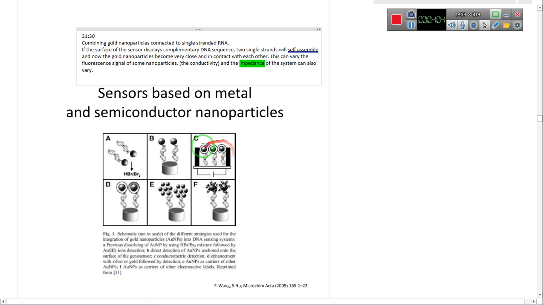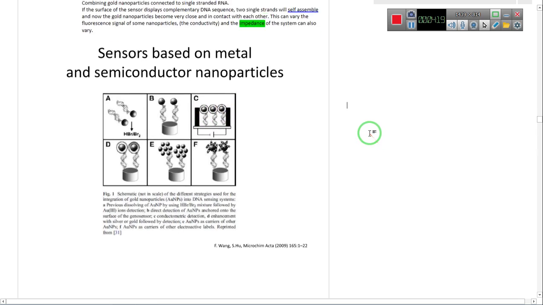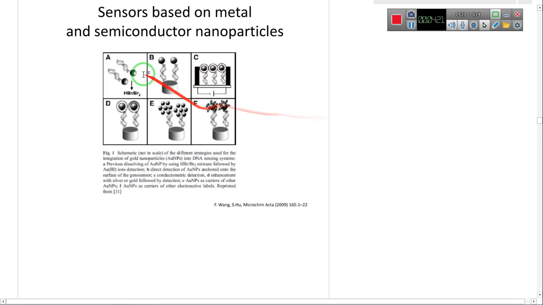For example, if they are the fluorophores, when they are closer to each other, some changes will happen in the amount of signal that they emit, and this again gives us a quantitative measurement of the amount of, let's say, single strands that we had before here. So you see that the changes in the impedance and the signals can be used to create the sensors.